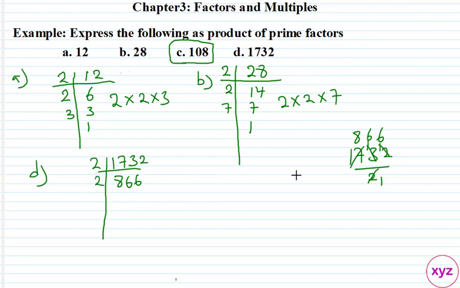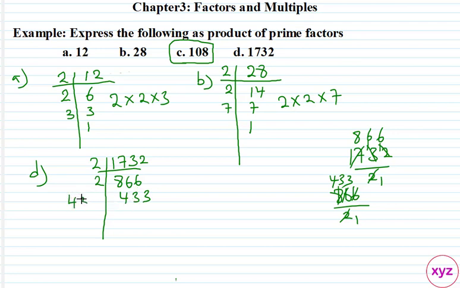Can 2 still go? Yes, 2 will go. So 2 into 866: 2 into 8 is 4, and 2 will go into 6 3 times. So this will be 433. Now, 433 is a prime number, so nothing can go except 433.